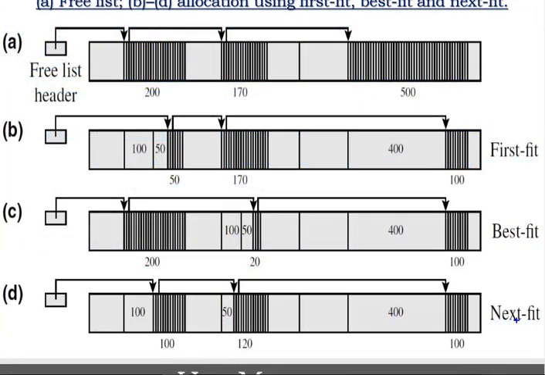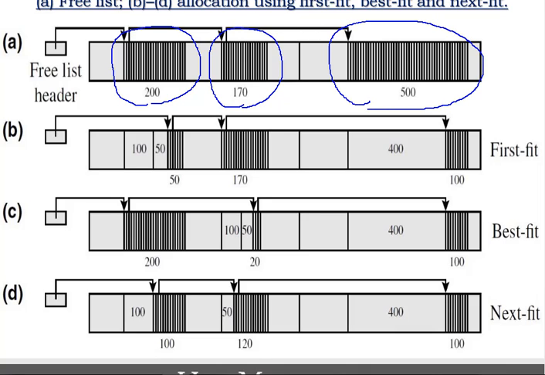As we have discussed, we will begin with the first fit technique. Here we have a free list header which uses a singly linked list to maintain the list of all free blocks. The first free block is 200 bytes, the second is 170 bytes and the third is 500 bytes.